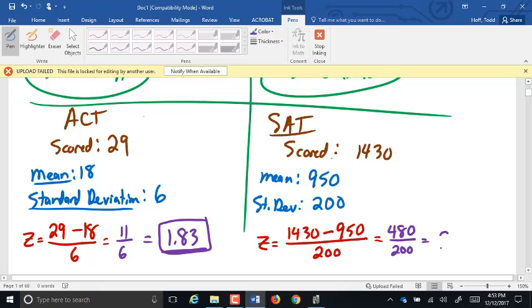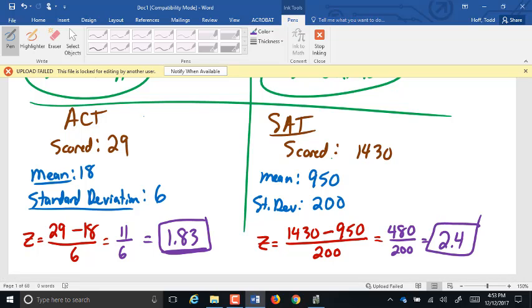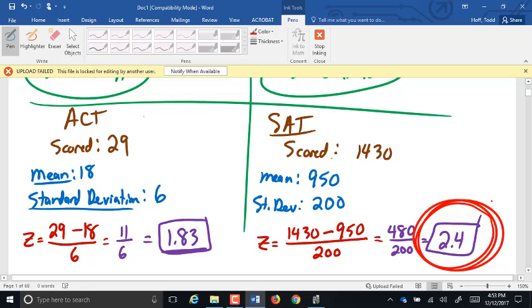Divided by 200 is a 2.4. That's also positive, so they were above average, above the mean, but they're 2.4 standard deviations above the mean. So what that's saying is student B's score is much more impressive than student A. So even though those are totally different tests, we can still compare them to each other basically by comparing them back to their own population.